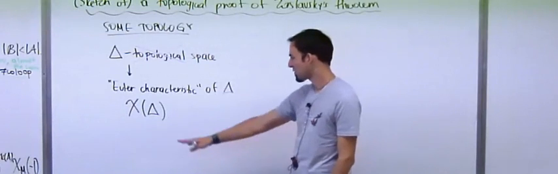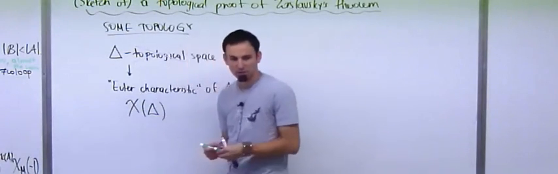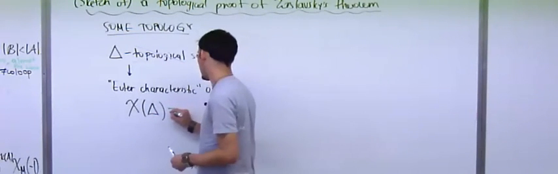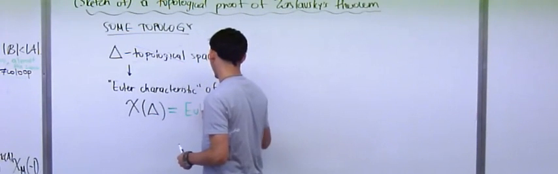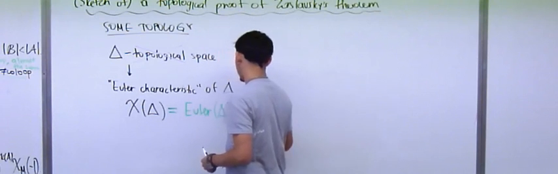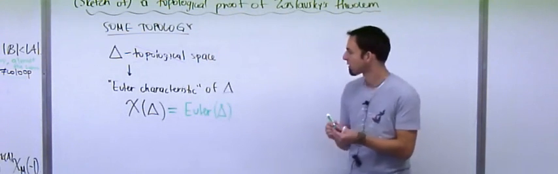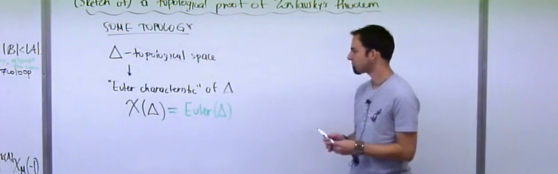So I want to tell you that this is the notation people normally use, but it'll be way too confusing if I do that. So I'm just going to call this Euler of delta. Okay. This is going to be some number.